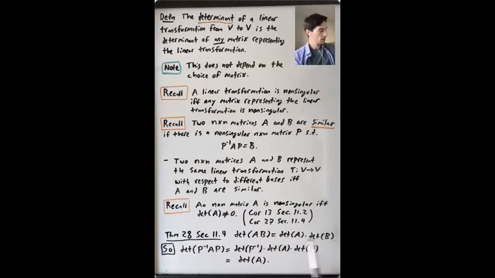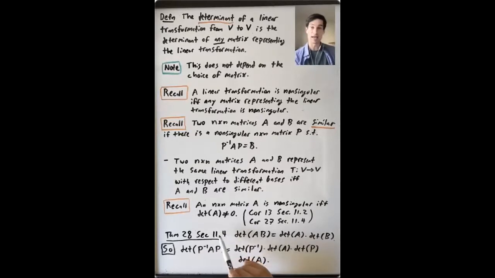Okay, so along with that discussion, just like for matrices with entries in the real numbers, the determinant is multiplicative. The determinant of A times B is the determinant of A times the determinant of B. This is theorem 28 in section 11.4. We didn't give a proof of this in lecture last quarter.